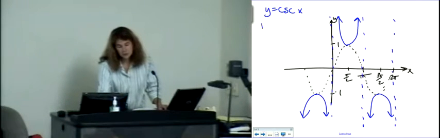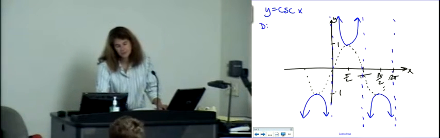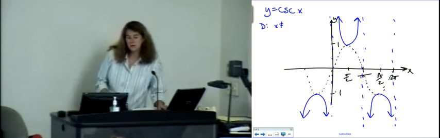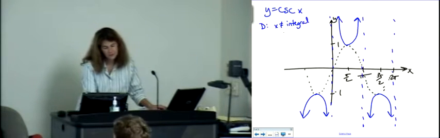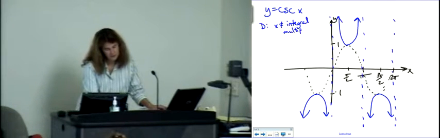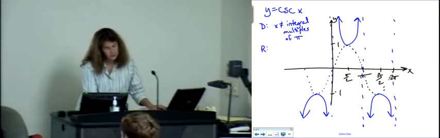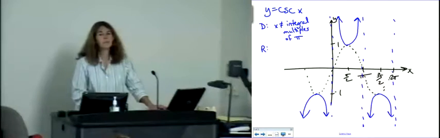What about this one? What's the domain? Well, we've got to say x can't equal those integral multiples of pi, because it's undefined there. And the range, though, will be from where to where?